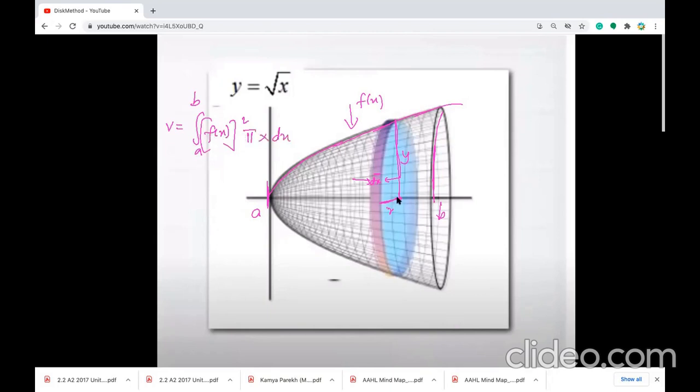You don't need to know how this formula comes, you just need to apply it carefully. So the volume of rotation is pi times the integral of y squared dx from a to b. If you square the value of y and integrate between the given limits, you get the volume of the solid that is generated.